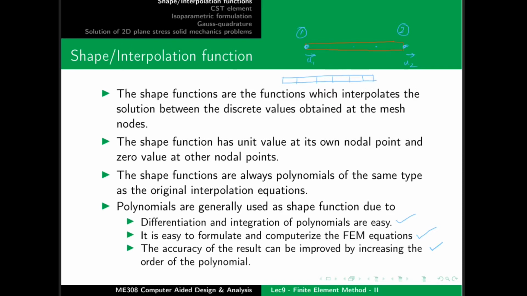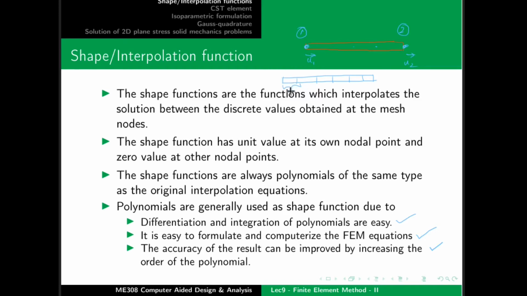So if we want to improve the accuracy of this solution further, either we can divide it again into a larger number of elements, or we can use a higher degree polynomial for an element.